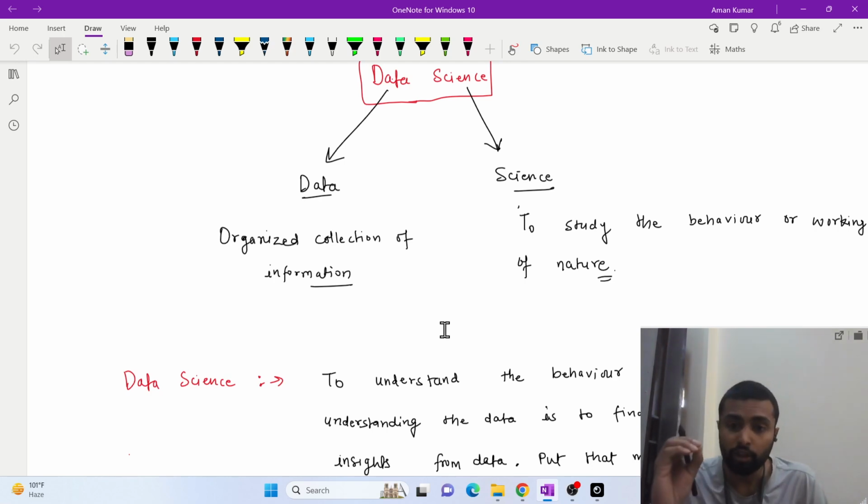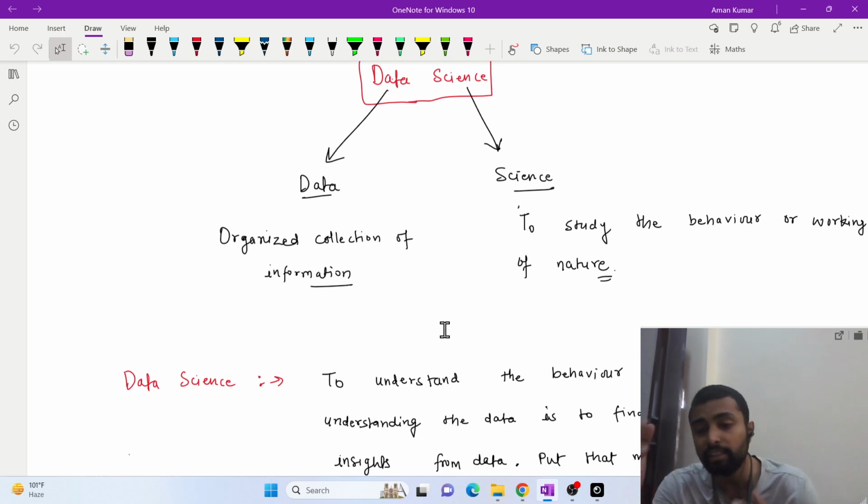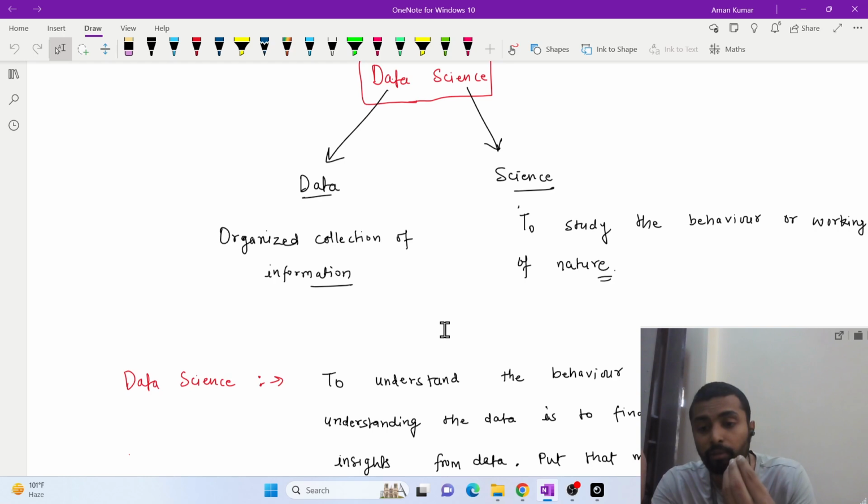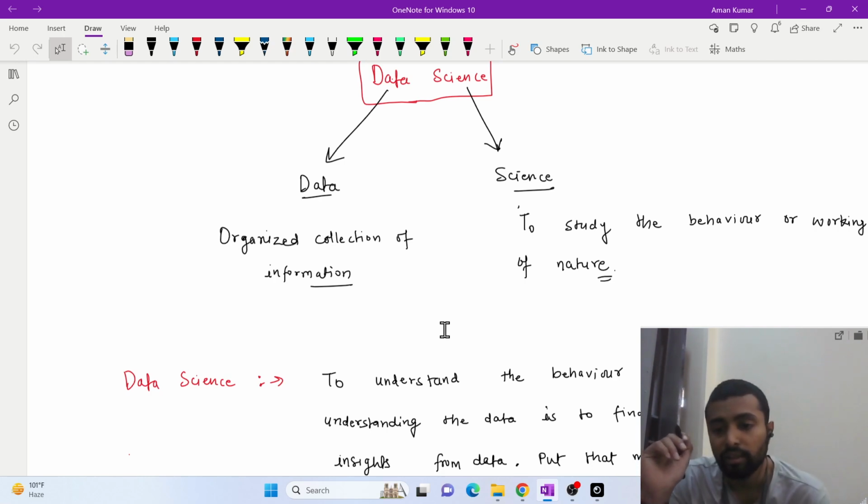So that is the meaning of science, meaning finding out how everything was working. Let's say whoever discovered that hydrogen plus oxygen becomes water. Before their discovery, hydrogen and oxygen were combining without anyone's knowledge.